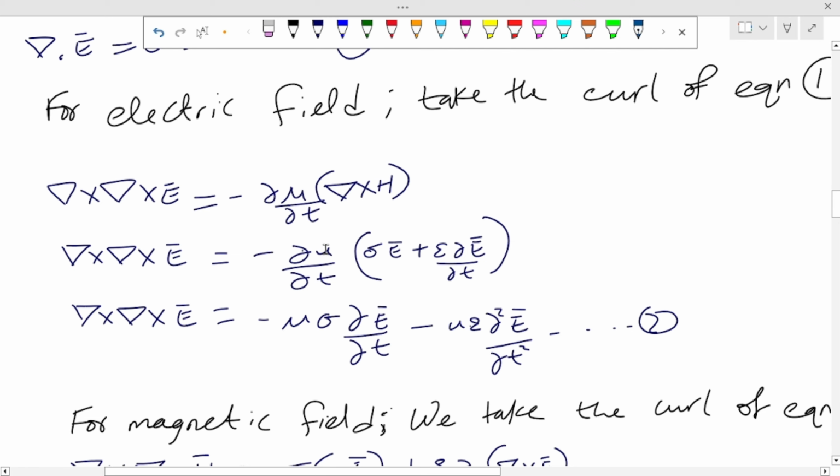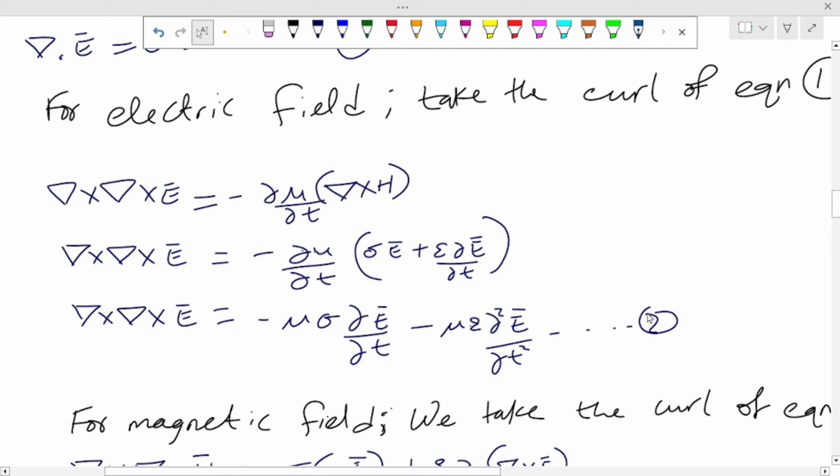Then permeability, and this guy, permittivity. Partial multiplied by partial gives you partial squared, electric field, and these give you partial t squared. So that's for the electric field.